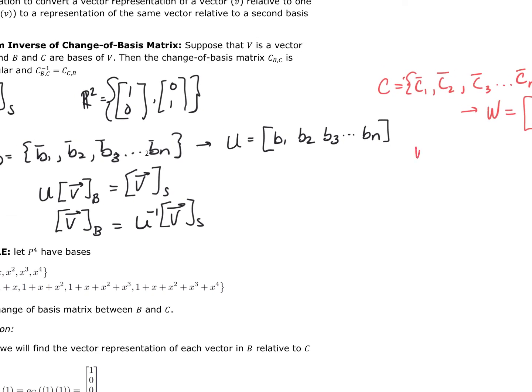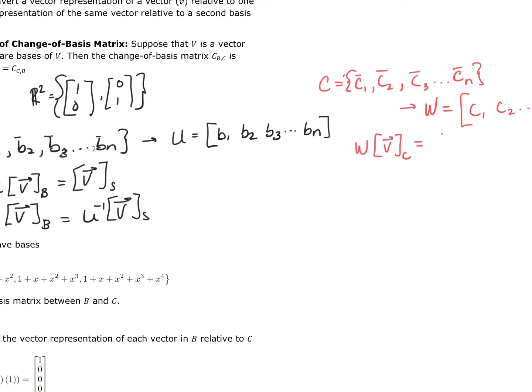So W, the matrix W, multiplied by this vector V with respect to the basis C will give me the vector V with respect to the standard basis. Similarly, the vector with respect to the basis C is going to be equal to the inverse of W multiplied by my vector with respect to the standard basis.